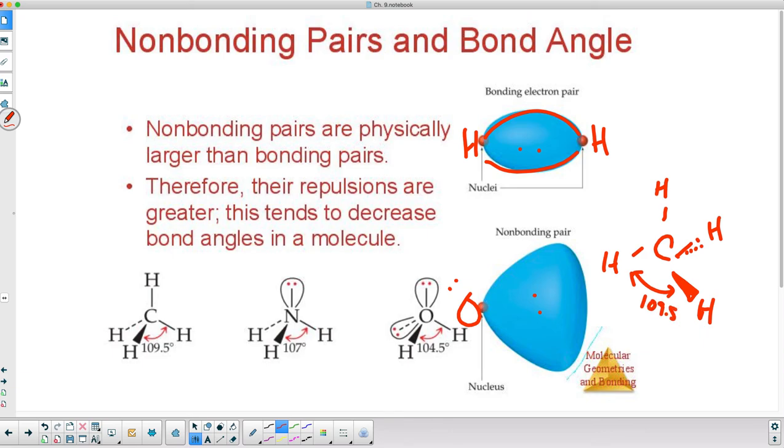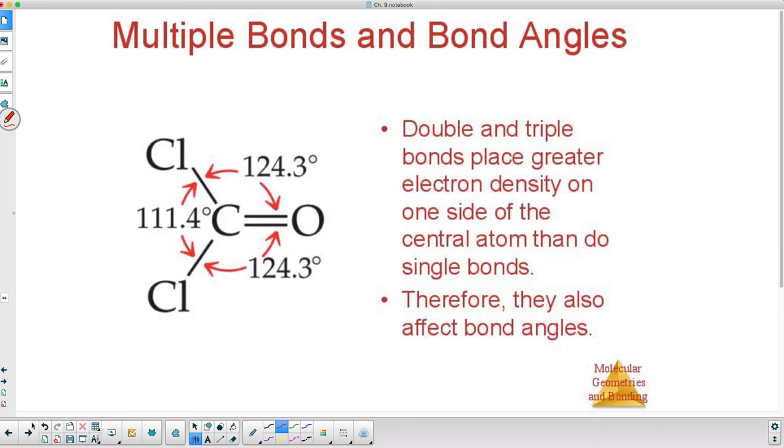But if you have 2 non-bonding pairs, then it shortens that angle between the 2 bonds to 104.5. We take away 4 degrees of angle. So if there's only 1 non-bonding pair, it's 107. If there are 2 non-bonding pairs, it's 104.5. And if there are no non-bonding pairs and they're all bonds and they all take up the same room, it's 109.5. So we keep going.